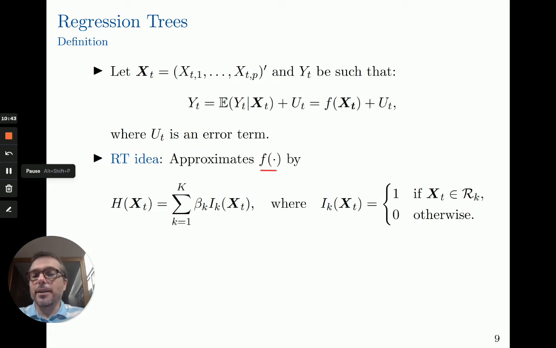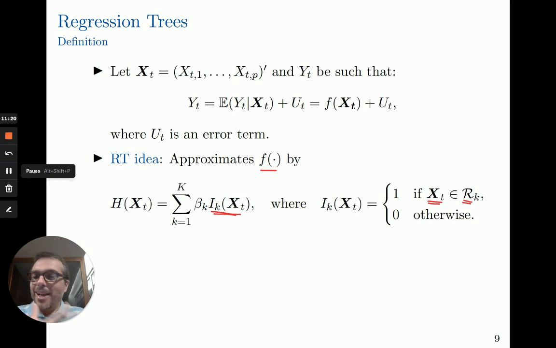The regression tree idea is to approximate this function f by a piecewise constant function. Basically it's a weighted sum of indicator functions, where these indicators tell whether the observation x_t belongs to the region k. So I_k will be equal to 1 if x_t belongs to that specific region and 0 otherwise. That's the model, a piecewise constant model.